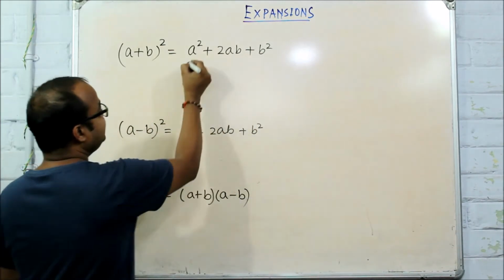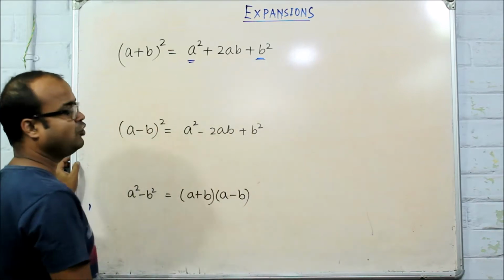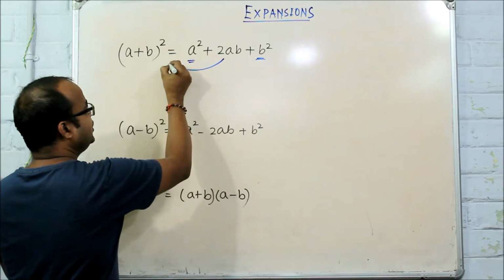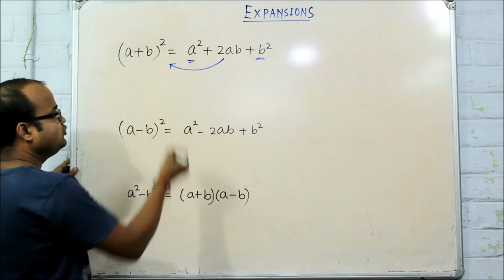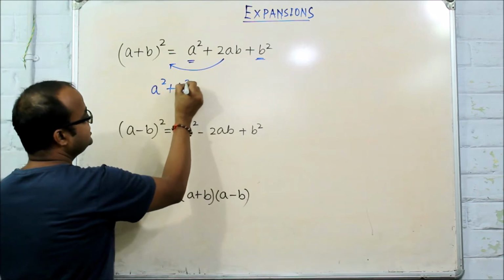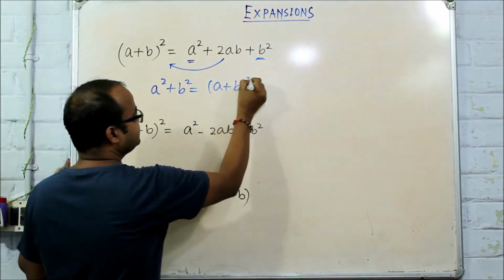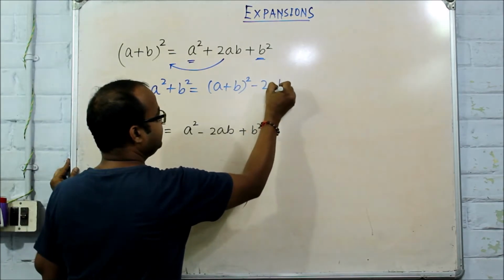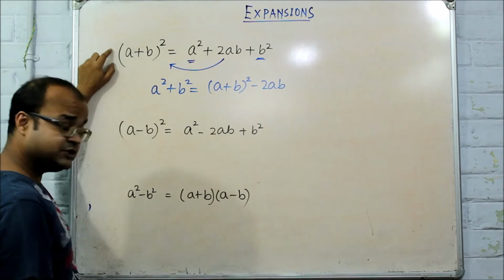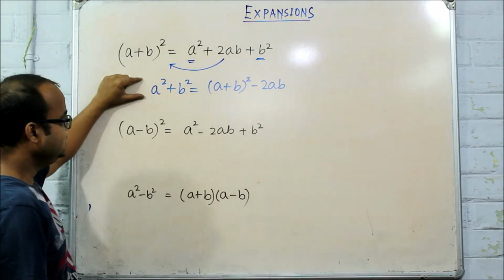Now see, if I keep these two terms, that is a square plus b square, on one side and take this 2ab on the other side, we get a square plus b square is equal to (a plus b) square minus 2ab. Clear? So if you remember this formula, you can easily derive this formula.